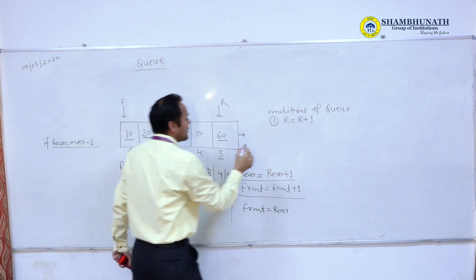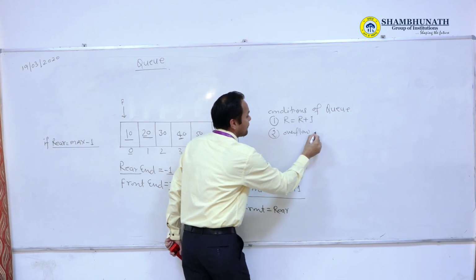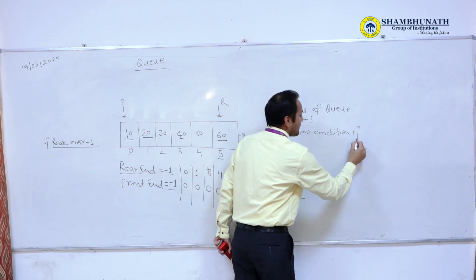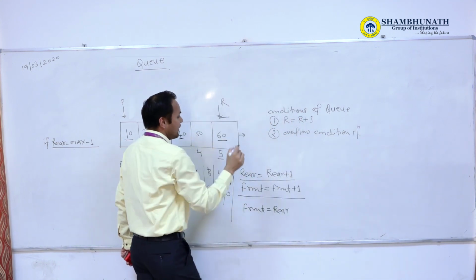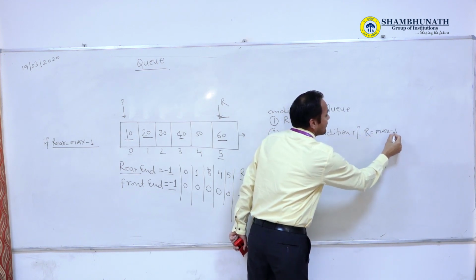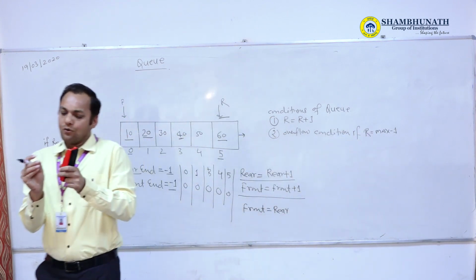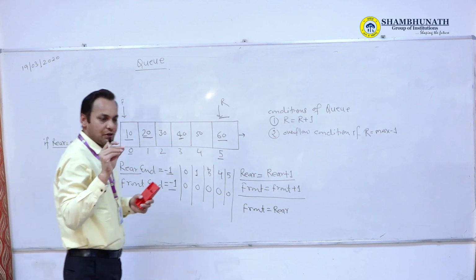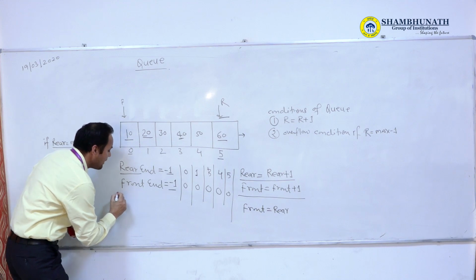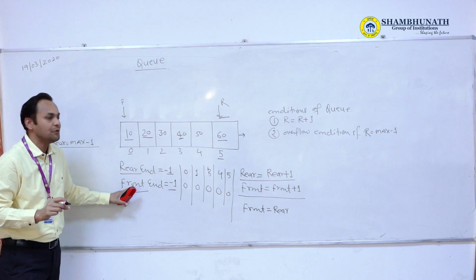If rear equals max minus 1, this represents the overflow condition. Look here, how to delete an element from the queue and how to change the position of front, because we are deleting the element from the front end of the queue.